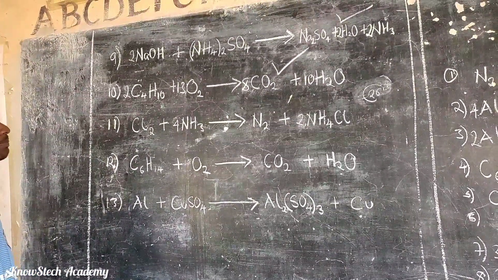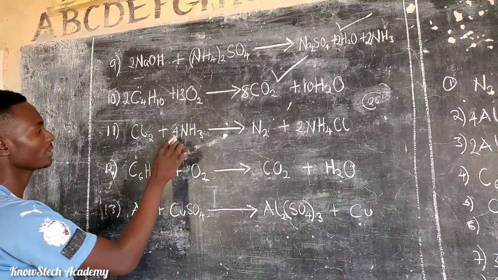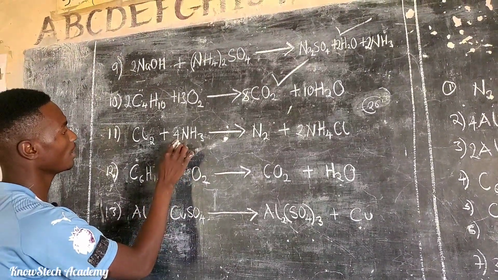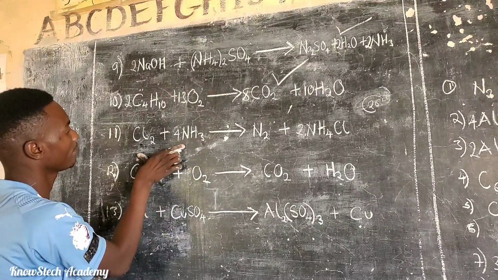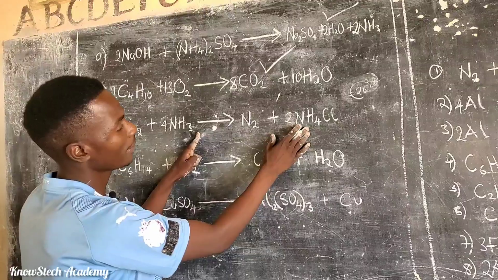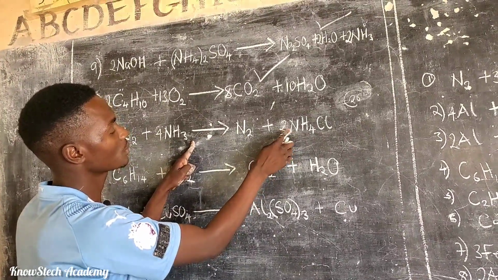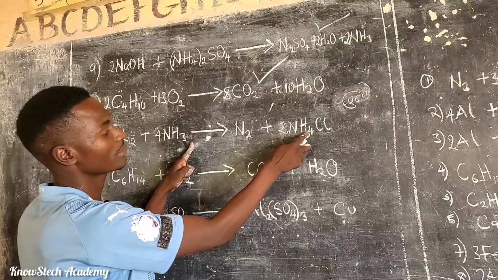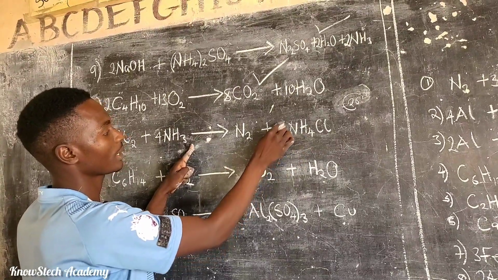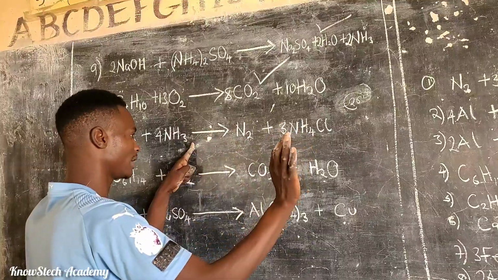We go to hydrogen. Here we have how many? 12. 4 times 3, 12. How about here? 8. So we're going to change the 2 to 3, so that it becomes 12, right? Now bear in mind that the 3 you're introducing here affects everything.